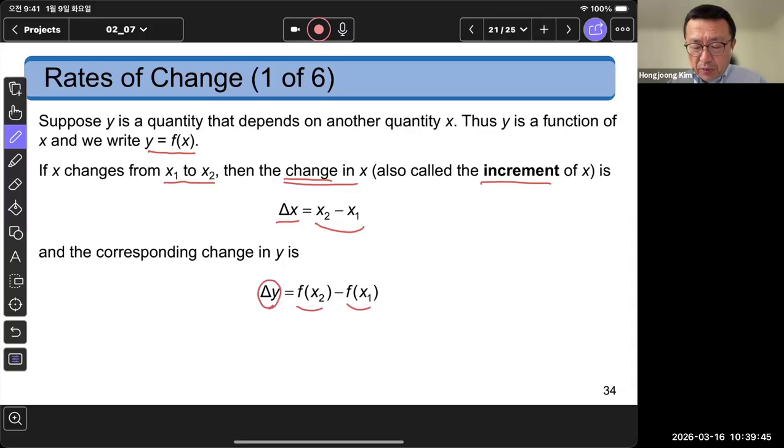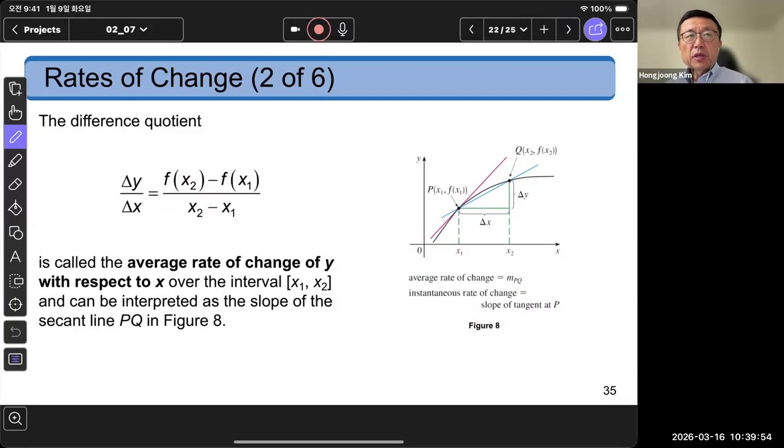So this is the change in the y variable. So this is the difference between these two, delta y over delta x, which is f of x2 minus f of x1 over x2 minus x1. That value is called the average rate of change of this function y with respect to x. Okay, so that is called the average rate of change of y with respect to x.